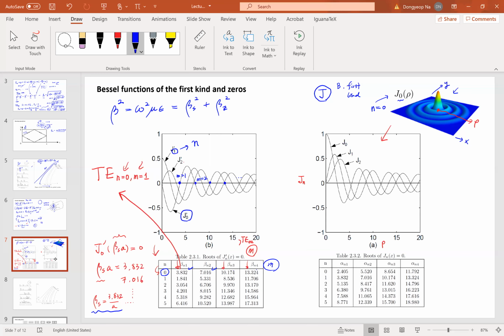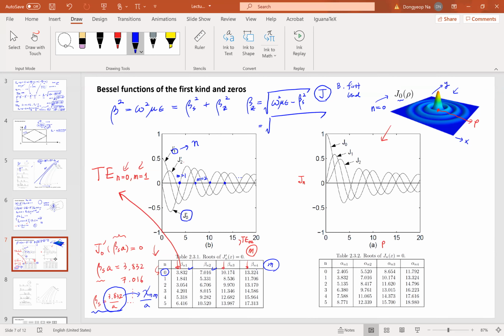Okay, so if we plug in, I'm going to denote this zero crossing as chi, chi nm. Then we can find the cutoff frequency such that beta z should be a positive value: omega squared mu epsilon minus beta s squared.